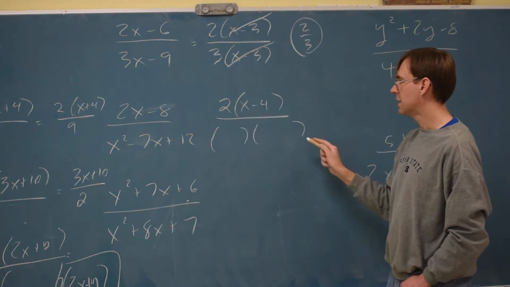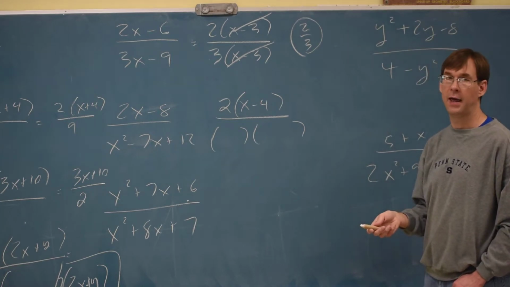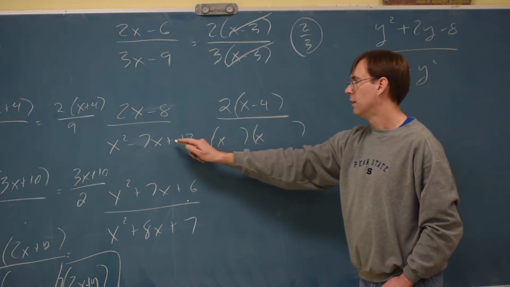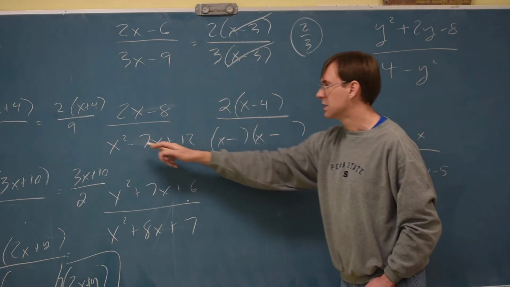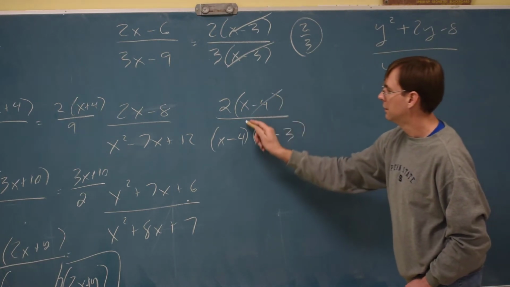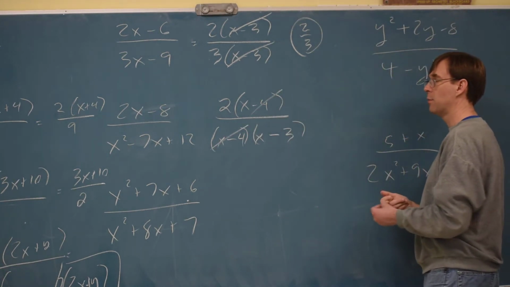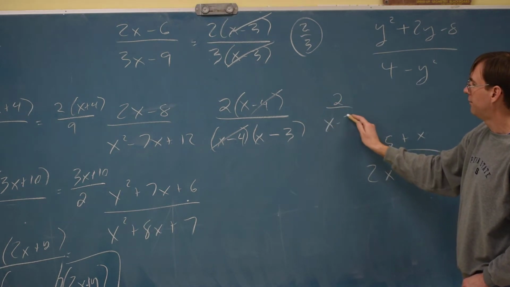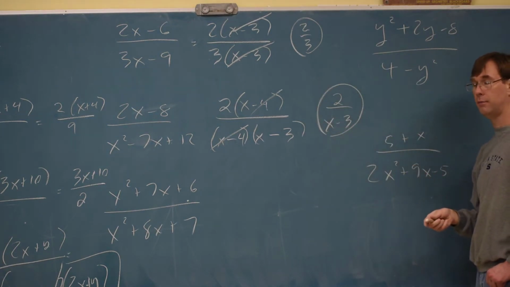On the bottom, it's like the base problems that you were very good at last time we saw each other face to face, x and x. The plus means these are the same as that, so minuses, 4 and 3. Cancel matches, has to be a perfect match, those are a perfect match. The answer would have 2 on top, x minus 3 bottom.